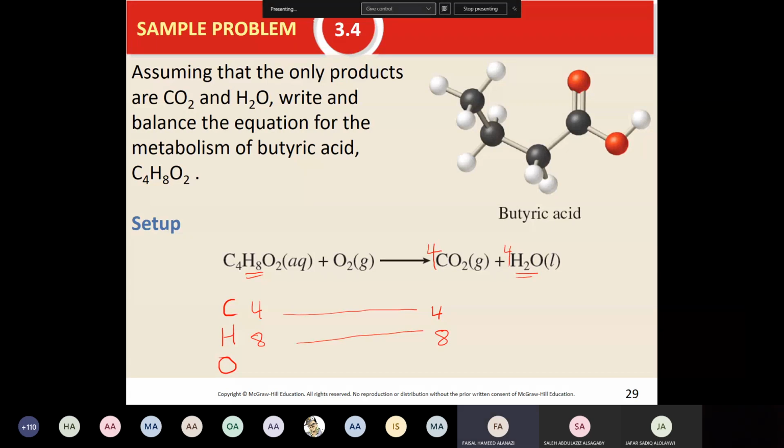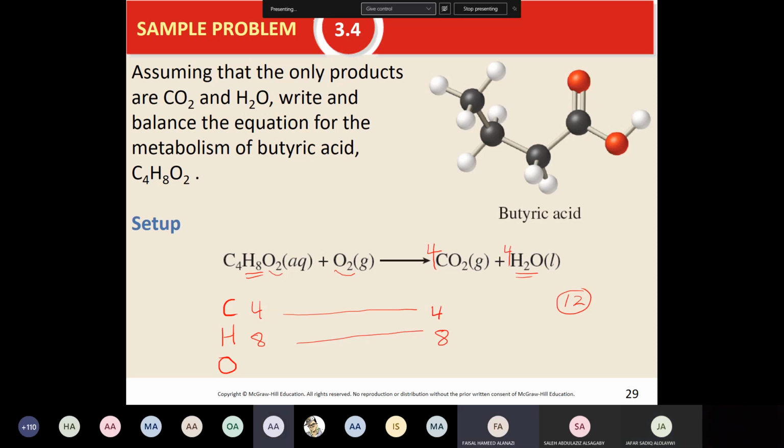Next, oxygen. We have 4 on one side, and on the other side we have 5. 2 and 2, 4. 12. On the other side, 12. We have here 8 and 4, 12. So multiply by 5.